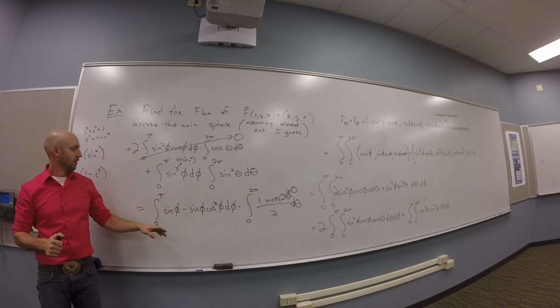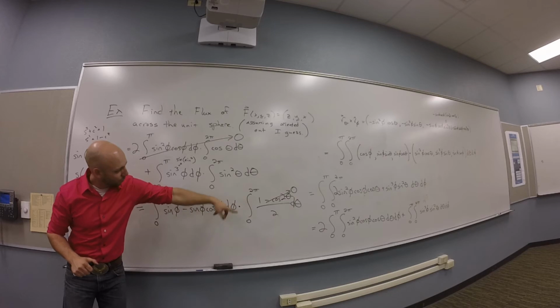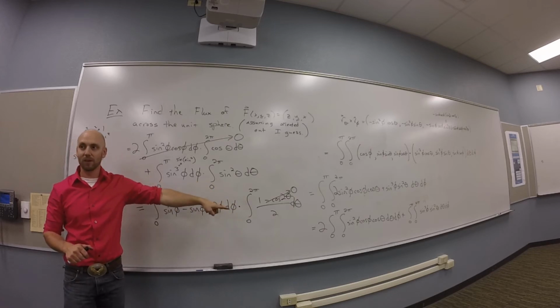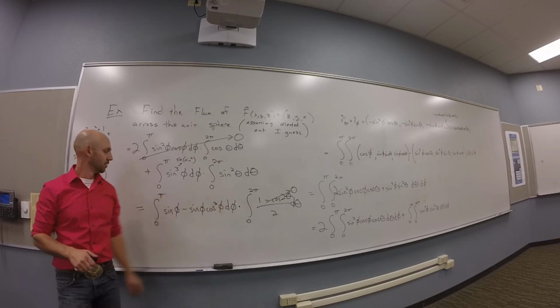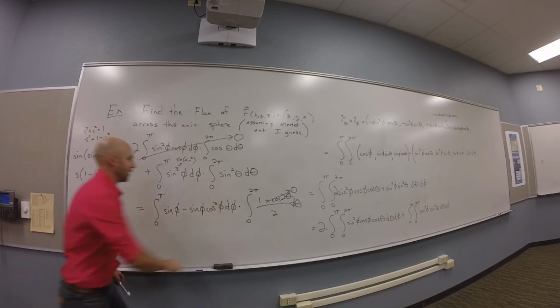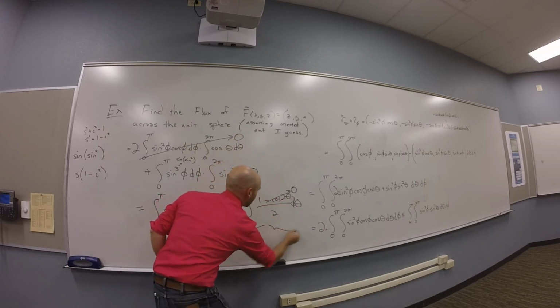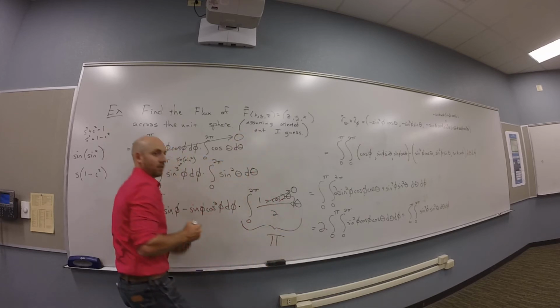You're left with 1/2 that you're integrating from 0 to 2 pi, so that piece is going to be pi. And then on this other one, I need to think a little bit. So let me do that. This whole thing here is pi.